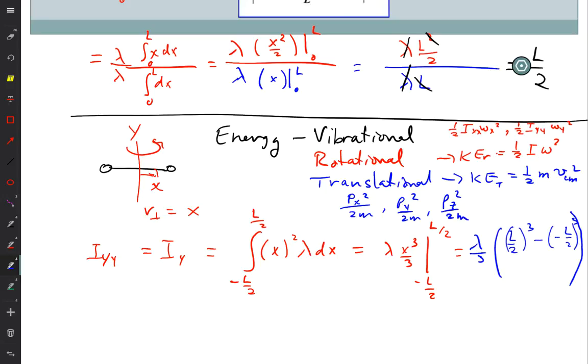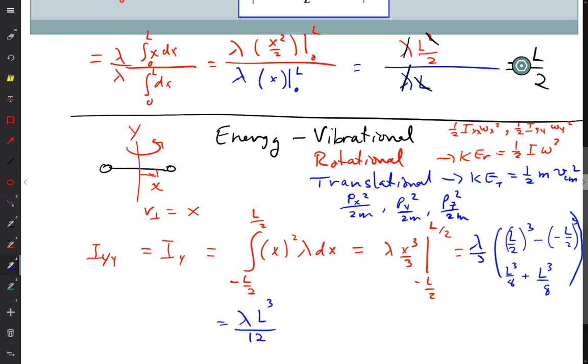Minus a negative L cubed over 8 is plus L cubed over 8. So that's L cubed over 8 plus L cubed over 8, which of course is L cubed over 4. And then I had the 3 out front. So my answer comes out to be lambda L cubed over 12.